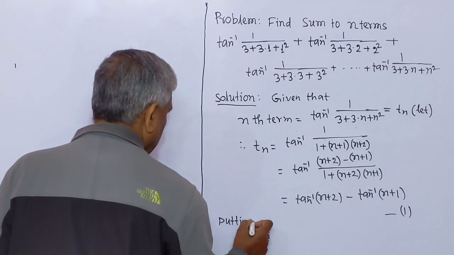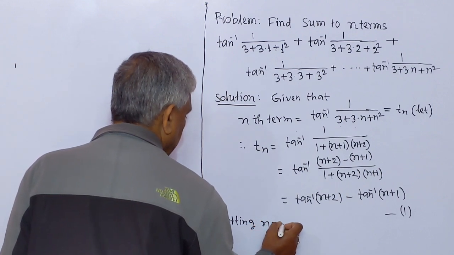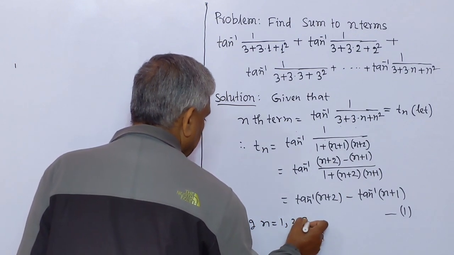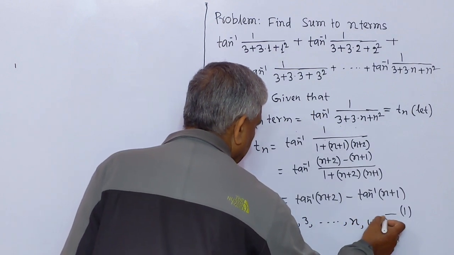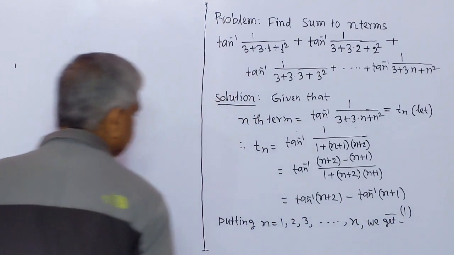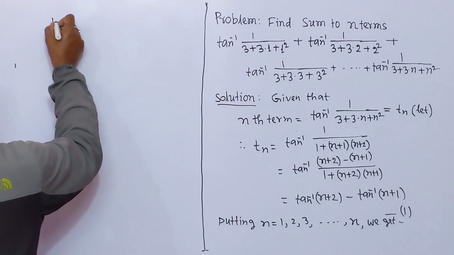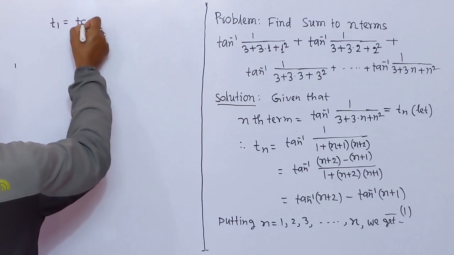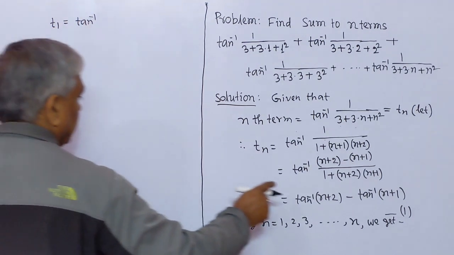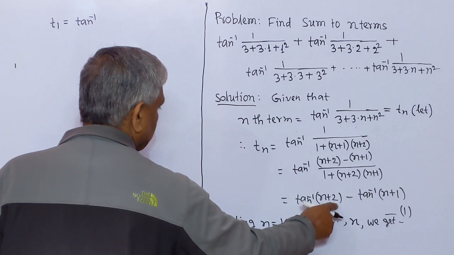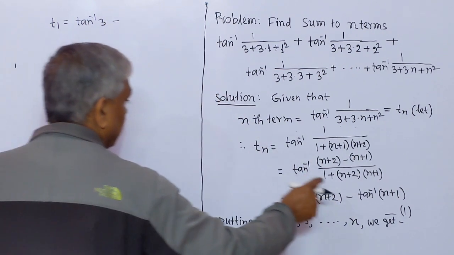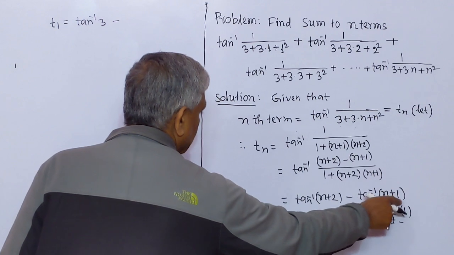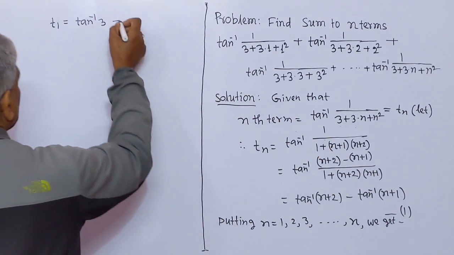Putting n equal to 1, 2, 3, up to n, we get T1 equal to tan inverse, putting n equal to 1, 1 plus 2, 3, tan inverse 3 minus, here 1 plus 1, 2, tan inverse 2.